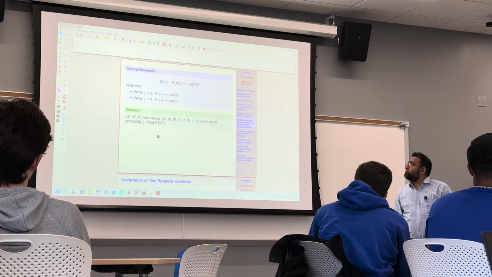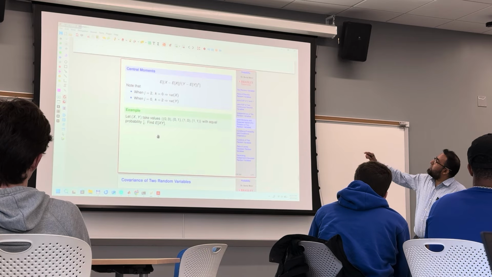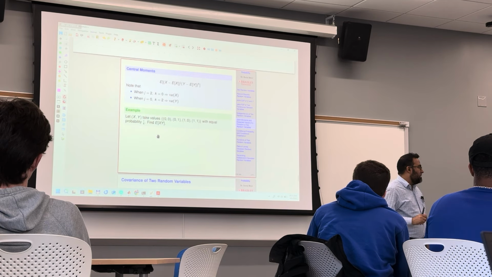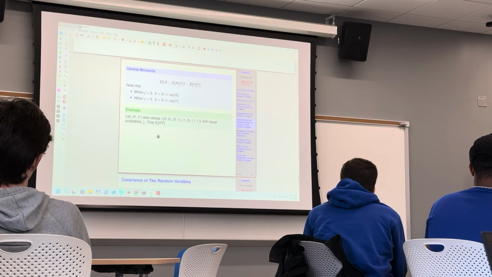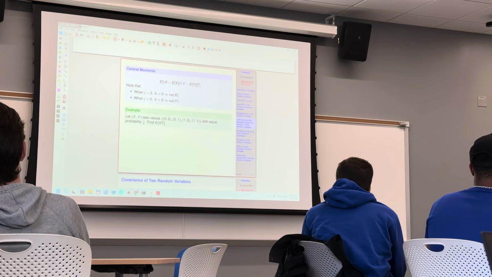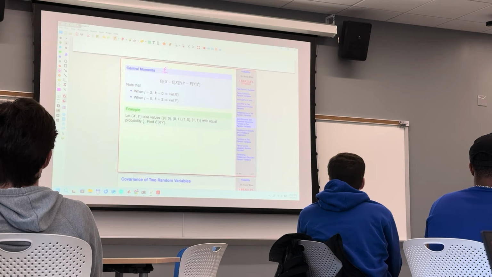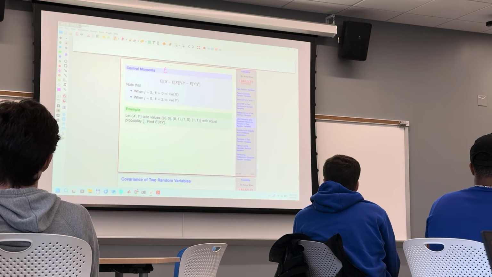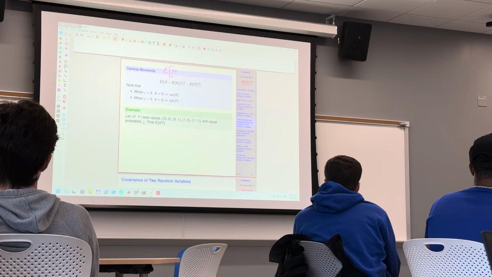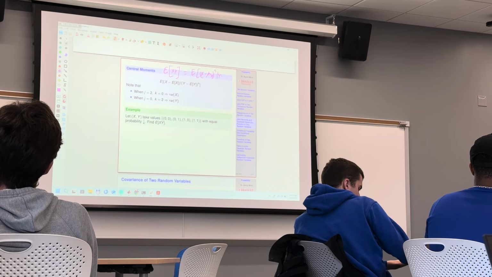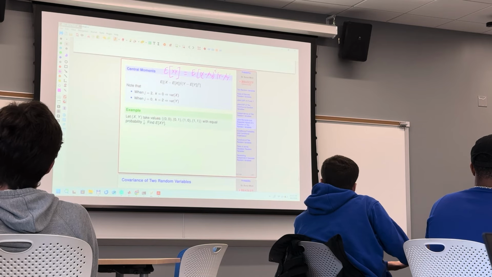Now, central moments. Central moments is basically coming from this equation. Now you have, instead of x, y, see how to memorize. I mean, you don't have to write this formula, but of course you will be able to bring your formula sheet. So instead of x, y, you just write expectation of x minus mu sub x to the j and y minus mu sub y to the k.